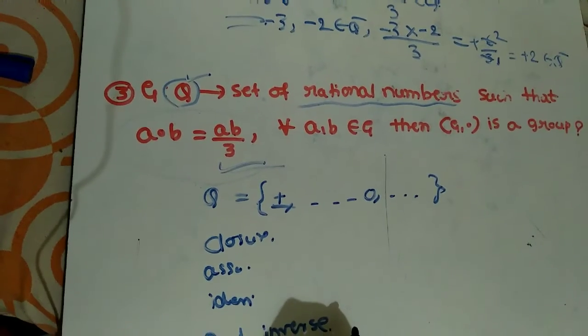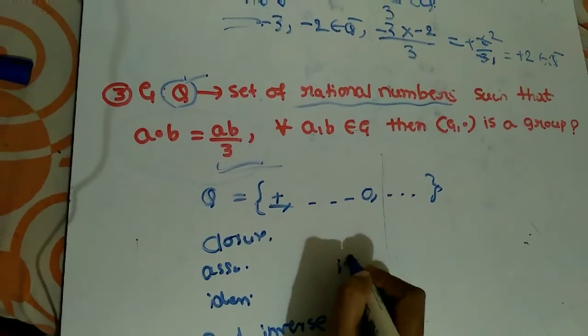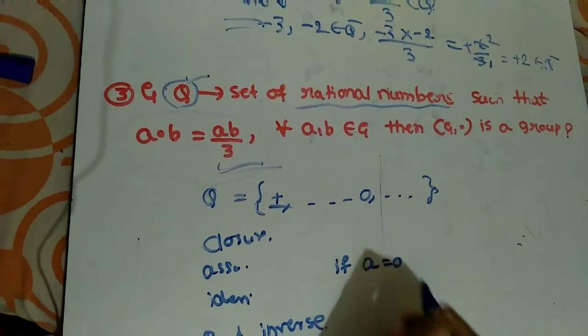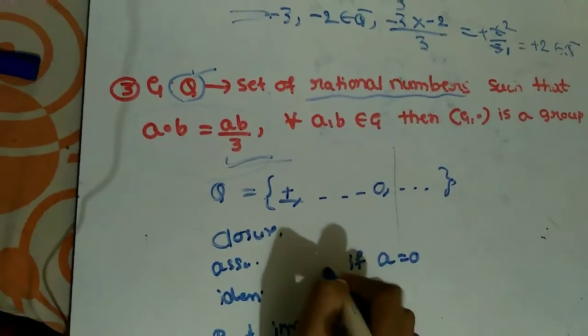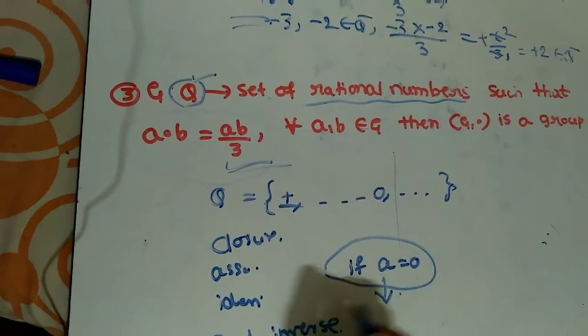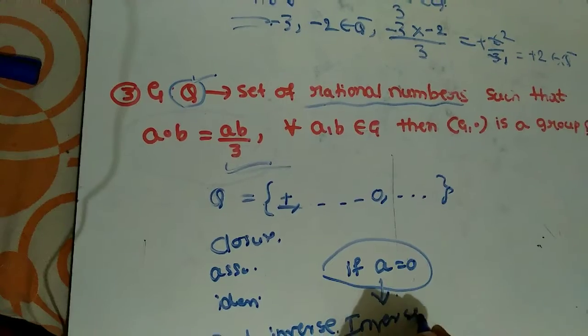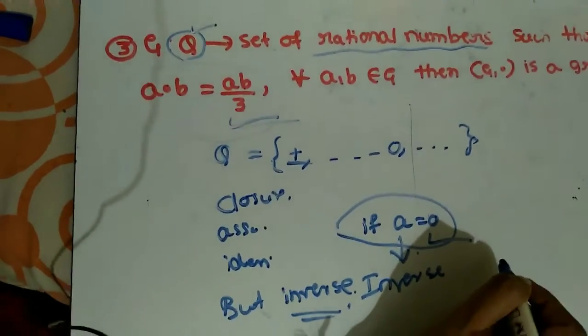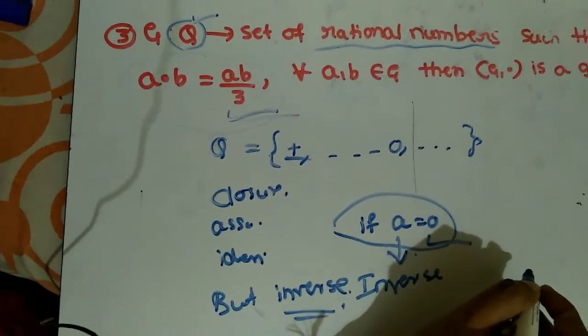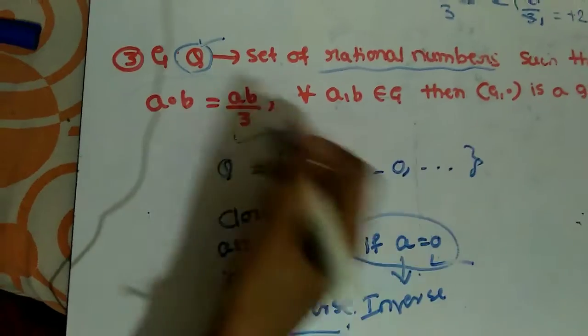Why does it fail in the inverse law? If you take A equal to 0, then the inverse element does not exist here.